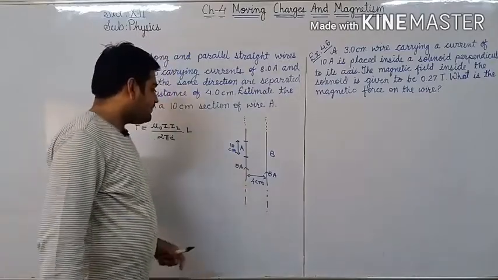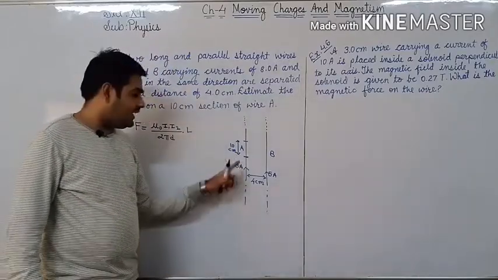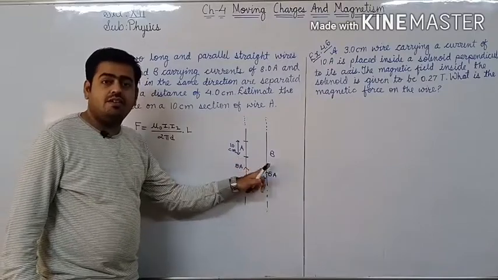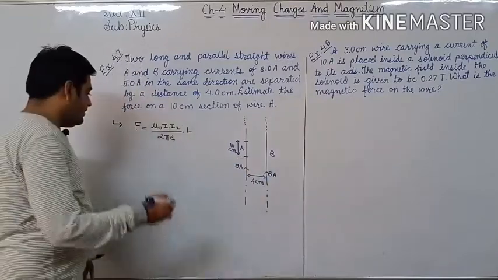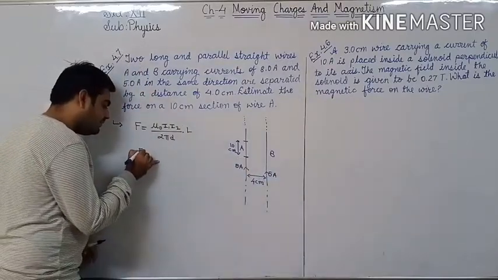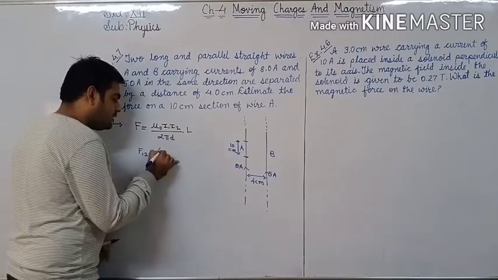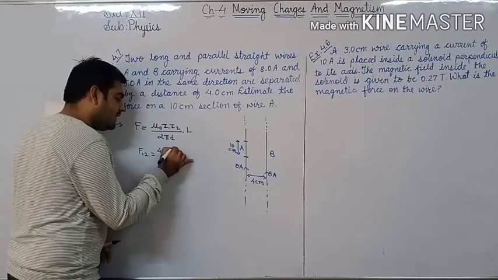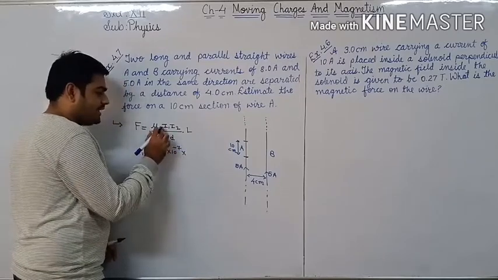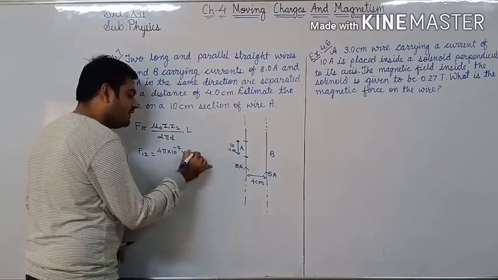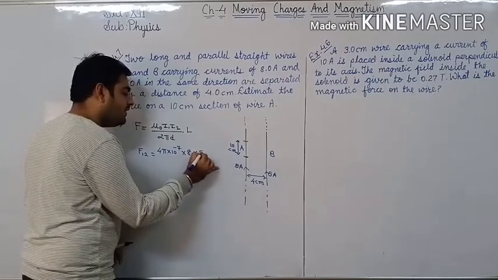Here we want to find the force acting on wire 1 due to the second wire. So F12 is equal to mu naught, that is 4 pi into 10 raised to minus 7. What is I1? 8 ampere. What is I2? 5 ampere.